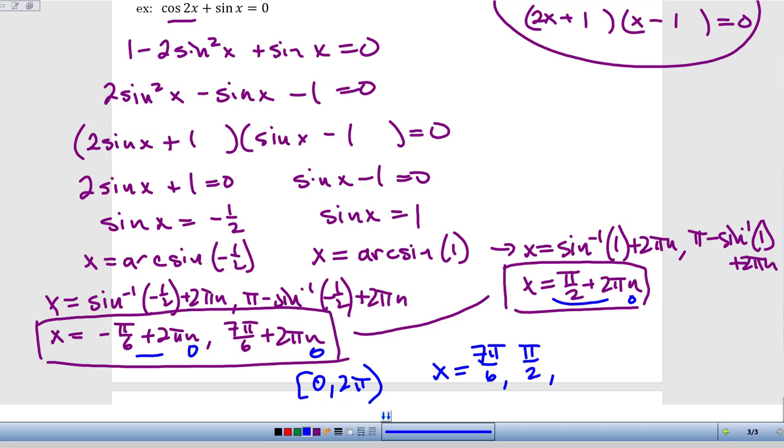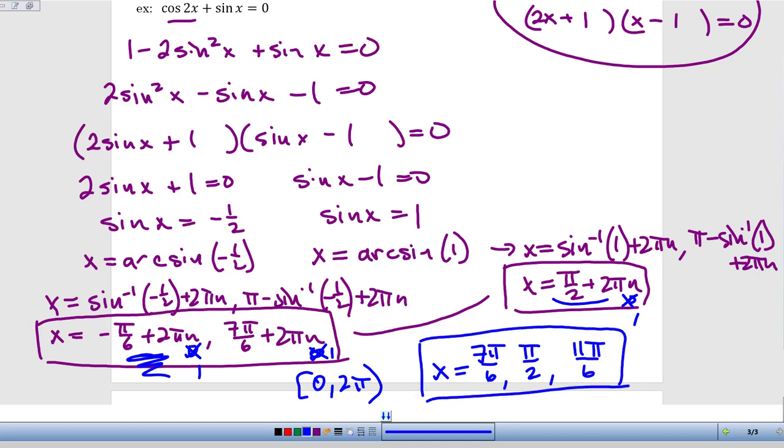Now if we plug in 1 for n everywhere, well, the two that started with a positive value are going to be too big for this interval, but that negative pi over 6 over here plus 2 pi n, so 2 times pi times 1, so negative pi over 6 plus 2 pi gives us 11 pi over 6. And so there we've got our answers that are in that 0 to 2 pi interval that we're always looking for.